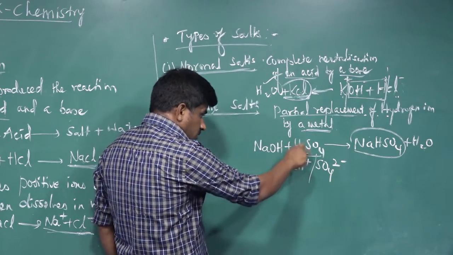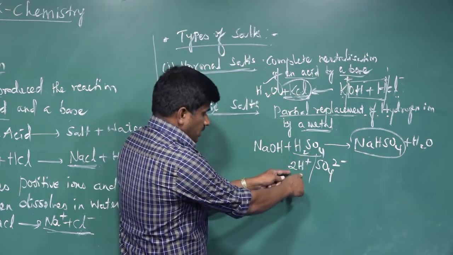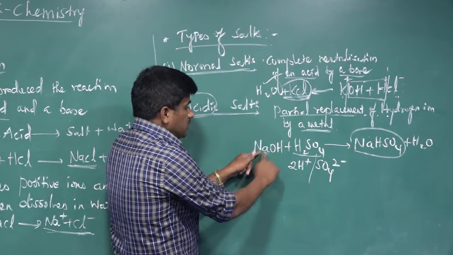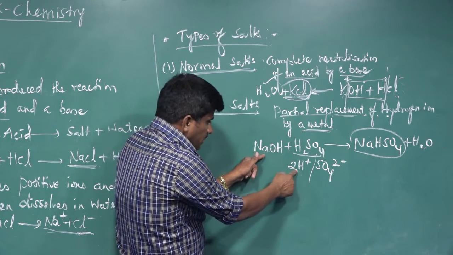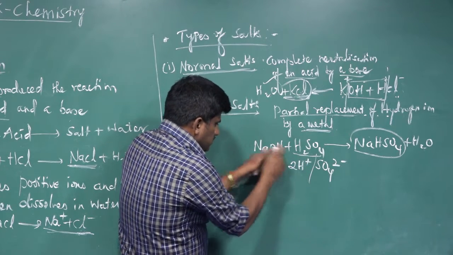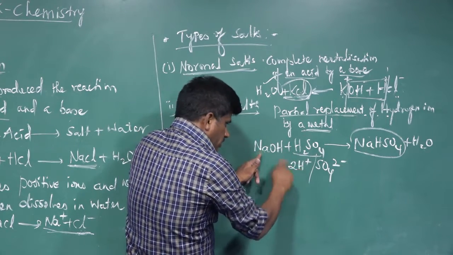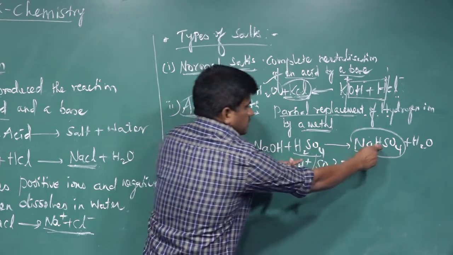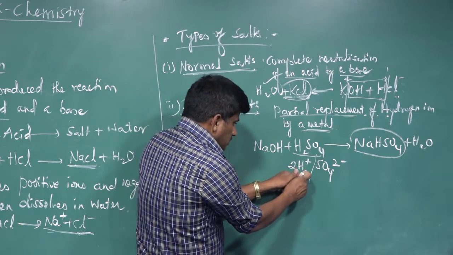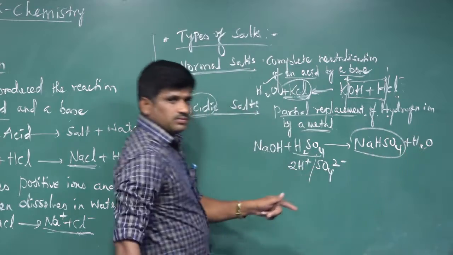Of these two hydrogen ions, one hydrogen ion is replaced by a metal. Here in the base the metal is sodium. One hydrogen is replaced, so it is formed as Na, one hydrogen remaining, H, and SO4, that is NaHSO4. The remaining hydrogen is present here.